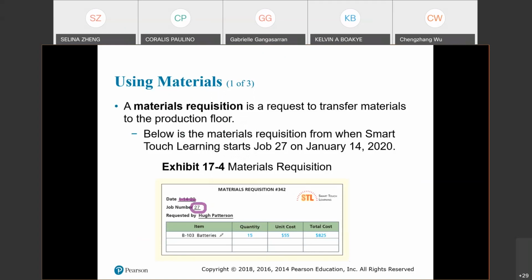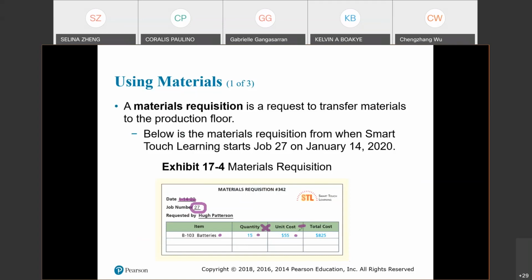Well, let's see. Here, this is the requisition for only batteries. For item, it lists the batteries. For quantity, unit cost $55, and total cost is quantity times unit cost.